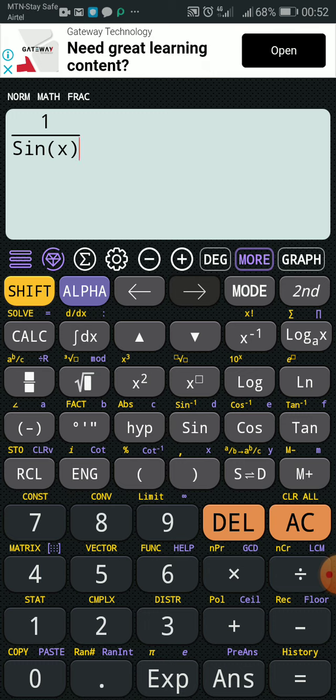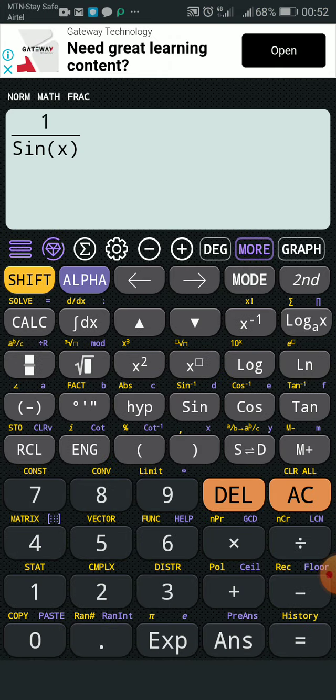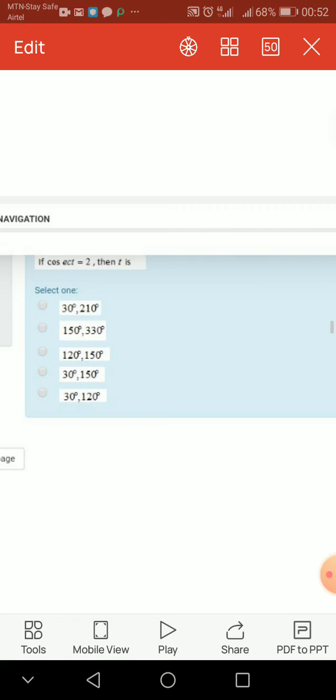We are supposed to solve. The question says it is equal to 2, so we are going to press alpha calc, which gives us equal to, then 2, then solve it. Oh, my calculator has solved it, but for you to solve it with yours, just say shift calc. It solves it. So you can see that my answer here is 30 degrees. So I come here, 30 degrees.